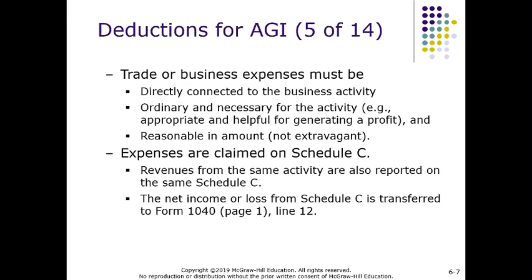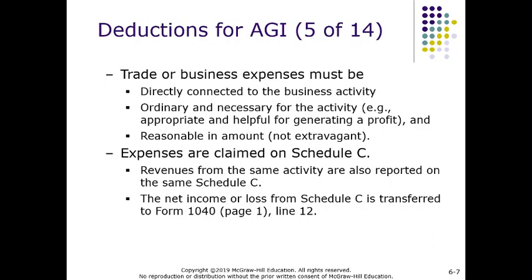All right, so trade or business expenses must be directly connected to the business activity. They must be ordinary, necessary, and reasonable in amount. What does ordinary and necessary mean? Well, it means appropriate and helpful.